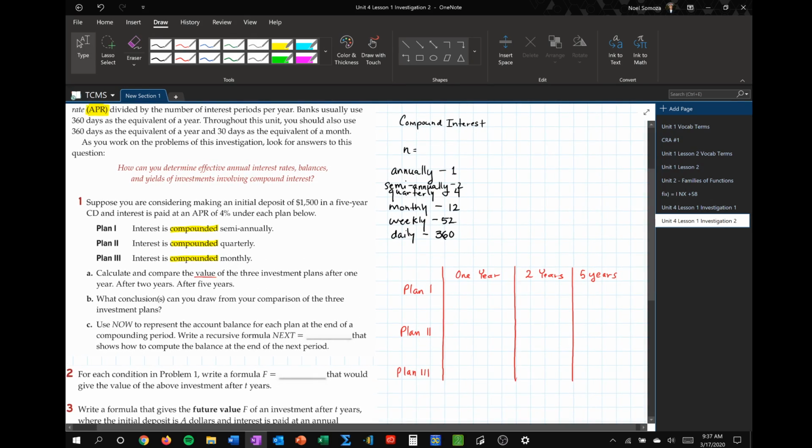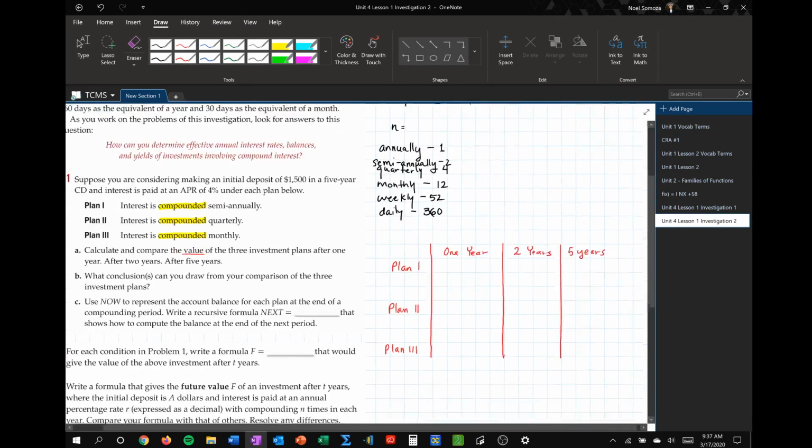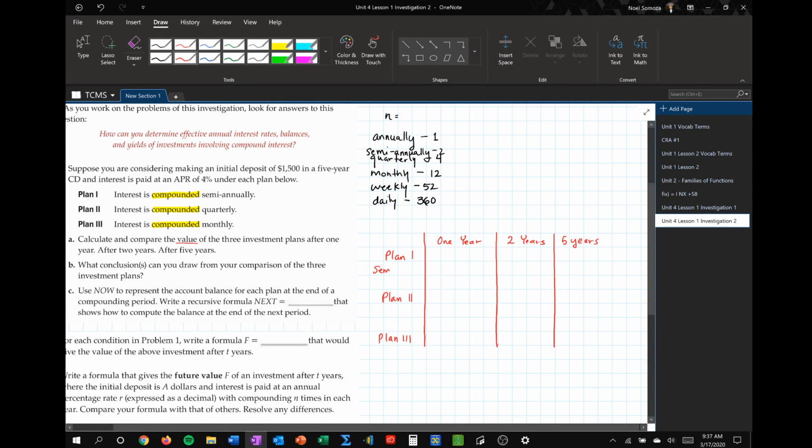Plan 1 is to compound semi-annually. That means you're only doing it twice a year. Plan 2 is quarterly, so it's going to be compounded 4 times a year. And then plan 3 is monthly.